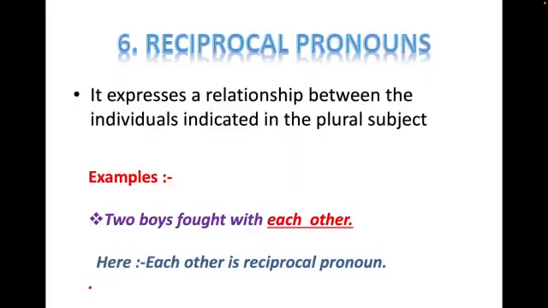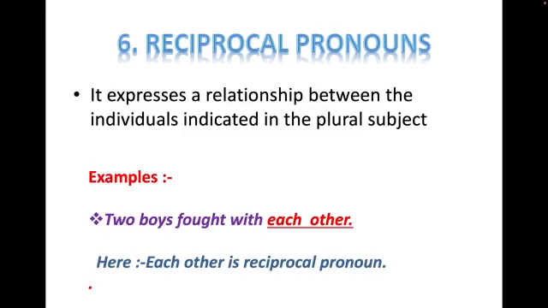Our next type of pronoun is the reciprocal pronouns. Now, reciprocal pronouns express a relationship between the individuals indicated in the plural subject. For example, two boys fought with each other. Here, each other is a reciprocal pronoun.